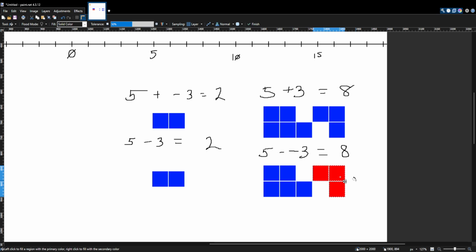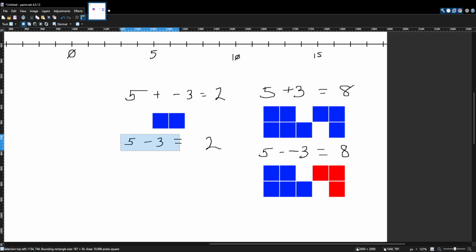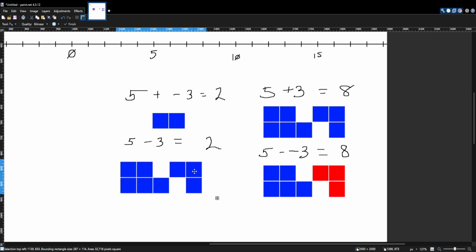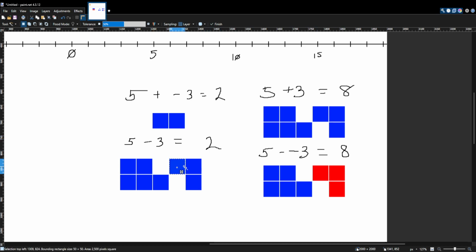When we subtract 3, subtracting a value is the same as flipping those numbers over.